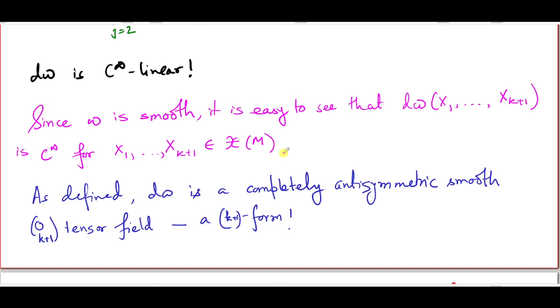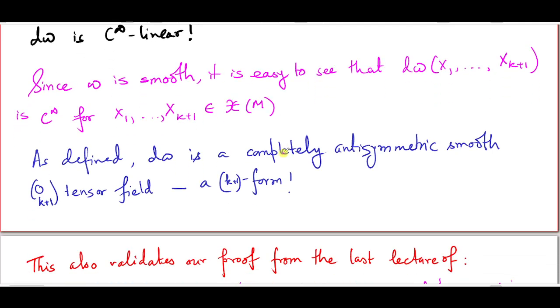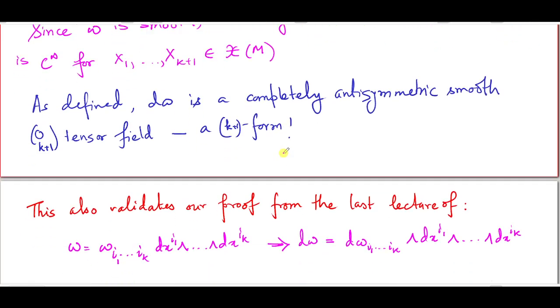Well, not only that, this proof also helps us give validity to a proof that we did in the last lecture again. This was the proof of a very, very useful result, that if omega is expressed in terms of component functions, omega I1 through ik dx I1 wedge dx I2 all the way up to wedge dx ik, then d omega is simply the differential of the component function omega I1 through ik wedged with the rest of the basis coordinate differentials dx I1 wedge dx I2 all the way up to wedge dx ik.